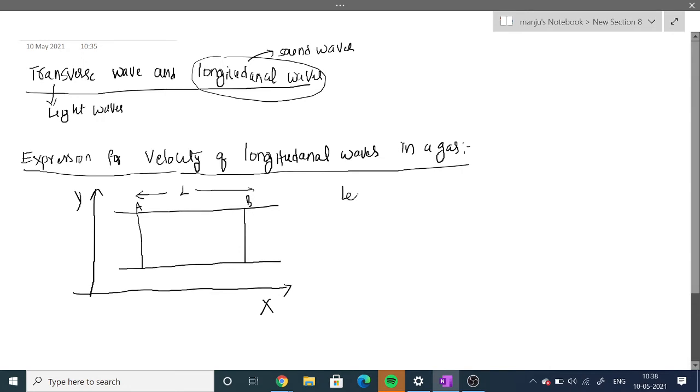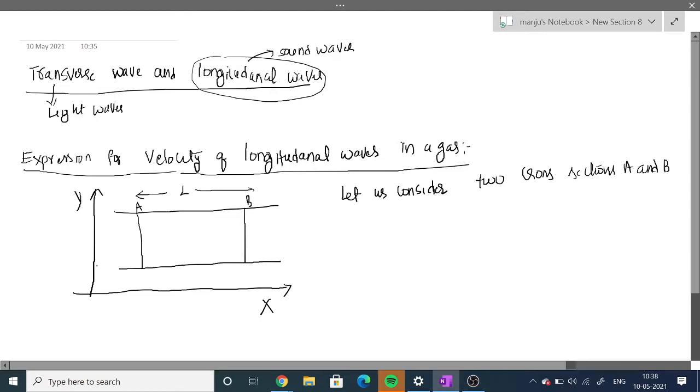Let us consider two cross sections A and B of the tube, having a separation delta x between them.